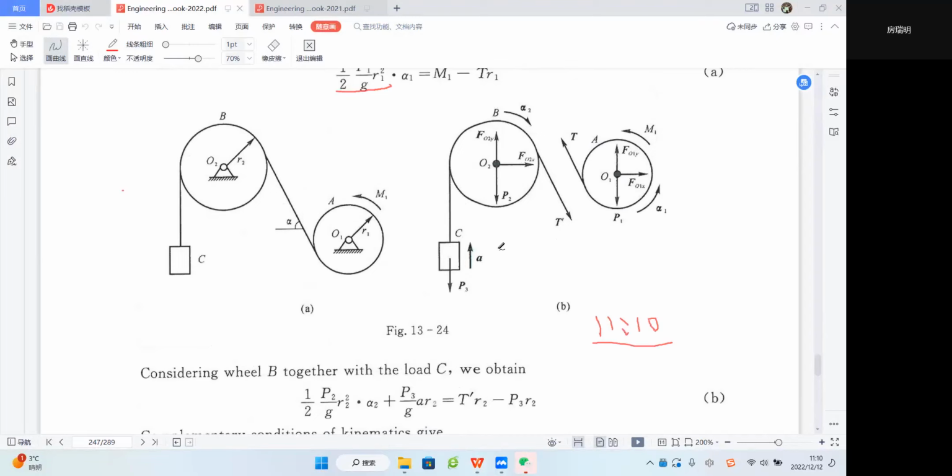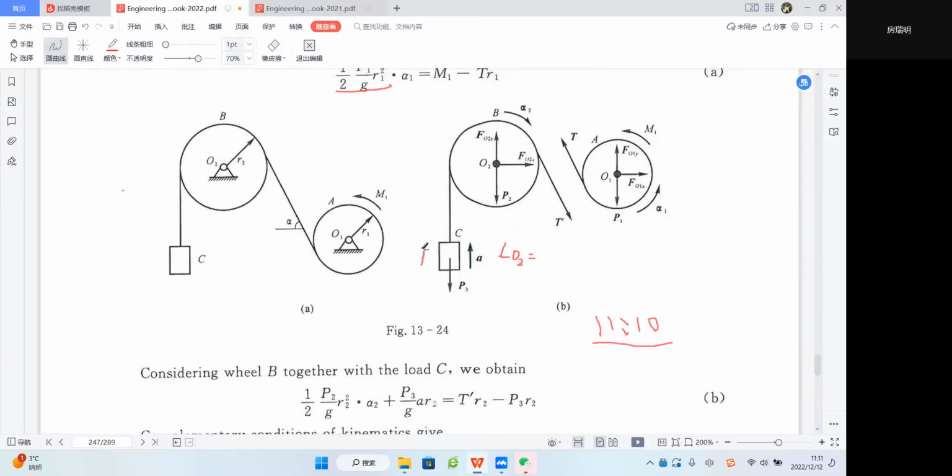Actually, we can write the angular momentum about the fixed point O2, right? Here we think alpha 2 is the angular acceleration, and this moves along this direction.